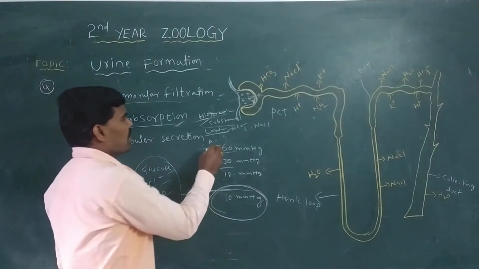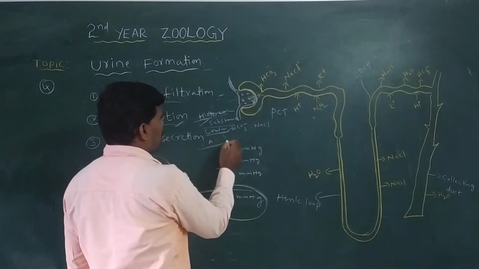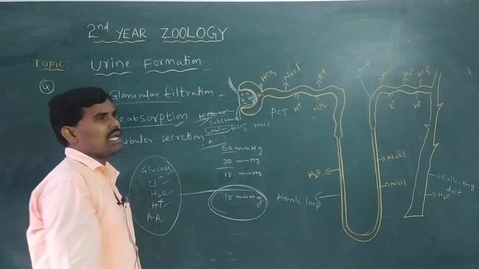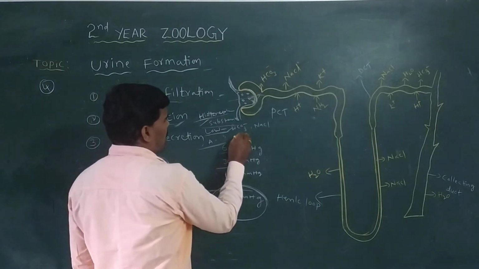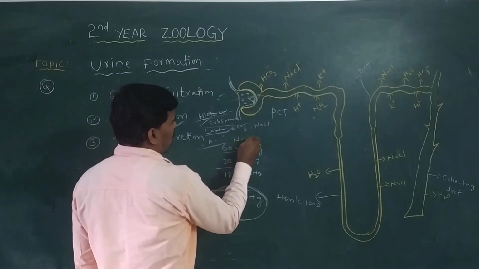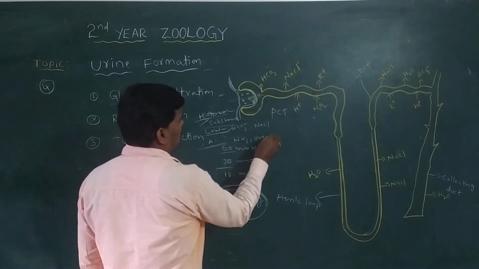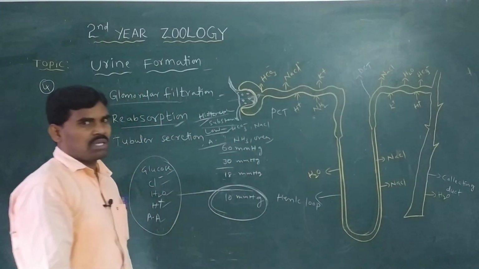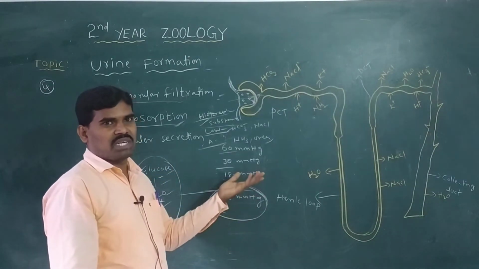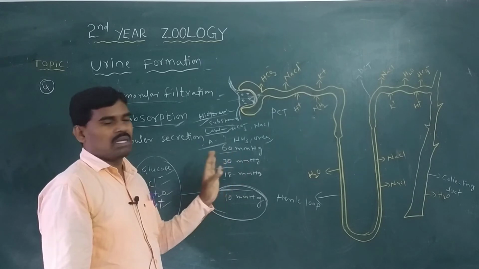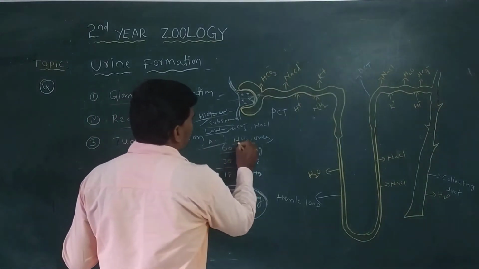And next, unimportant substances cannot be reabsorbed. For example, nitrogenous waste materials like ammonia, urea and uric acid cannot be reabsorbed. These substances are automatically sent out of the body. This type of substance is called a-threshold substances.